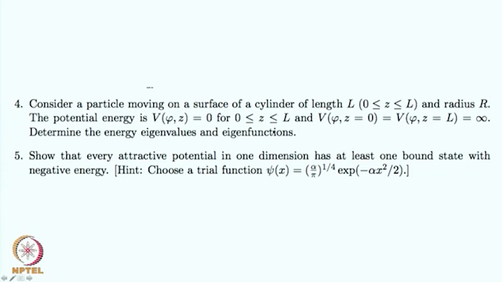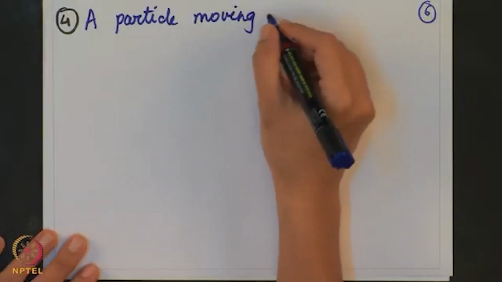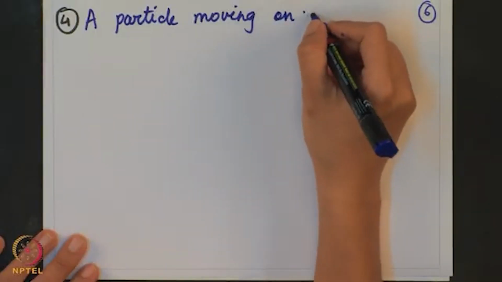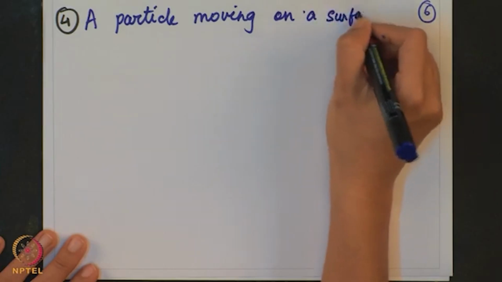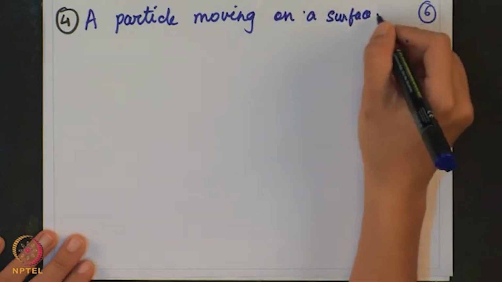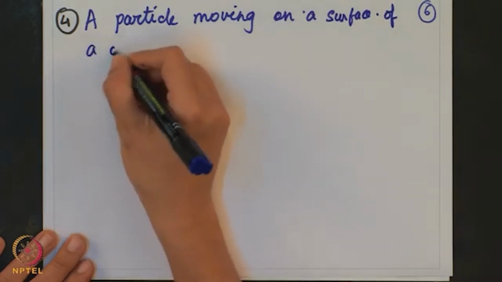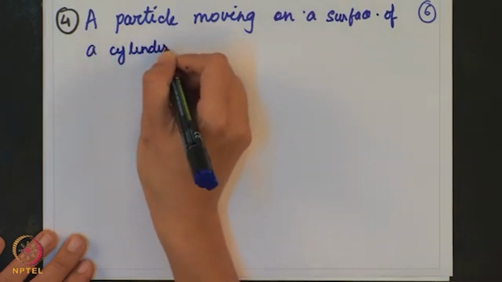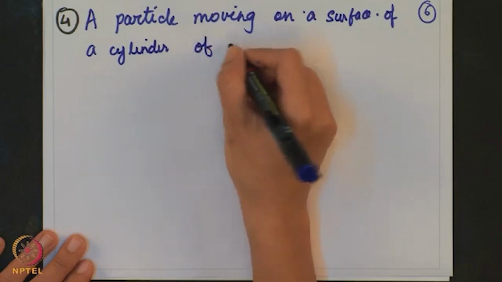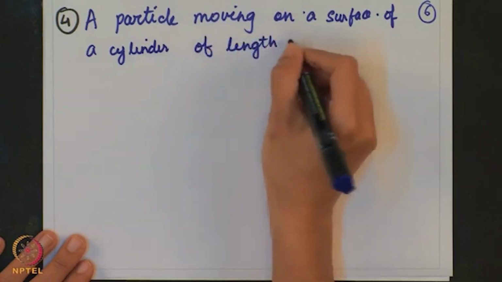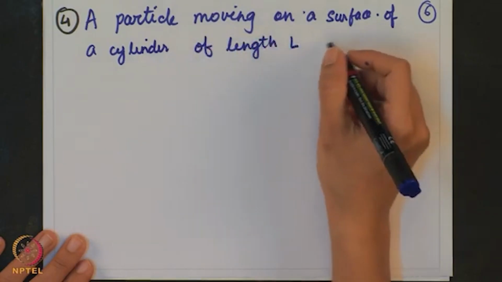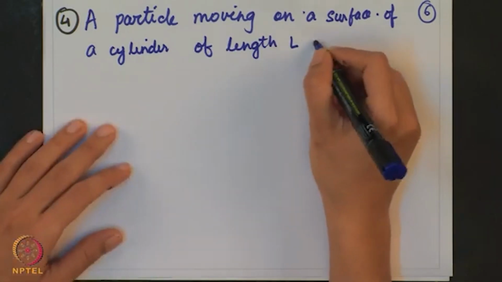So, the trick will be the same. Here it will be very convenient to use cylindrical coordinates, so I will be using that. You can use Cartesian coordinates also for a particle moving on the surface of a cylinder of length L and radius r.